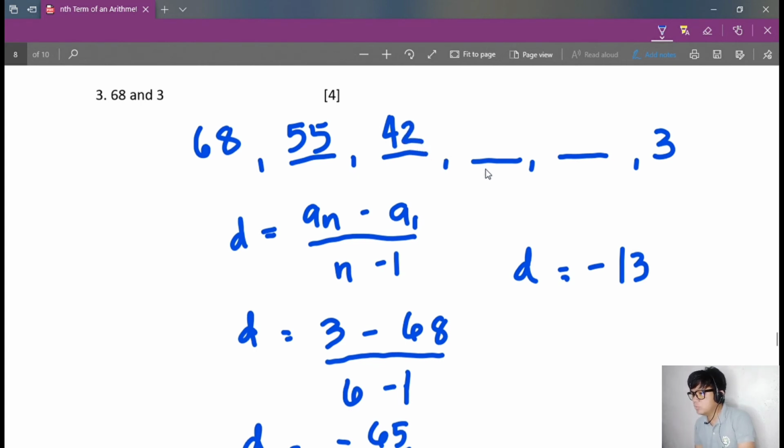Then 42 plus negative 13 is 29. Then 29 plus negative 13, that is 16. Then 16 plus negative 13 is 3. So, correct. These are our arithmetic means: 55, 42, 29, and 16.